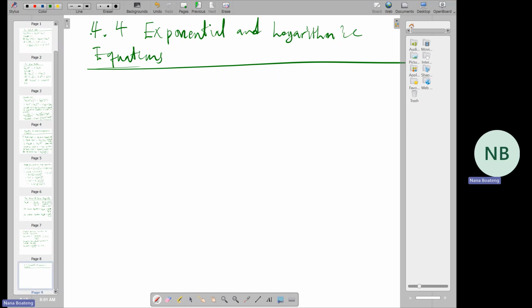All right, so we'll be looking at solving exponential equations by expressing each side as a power of the same base.